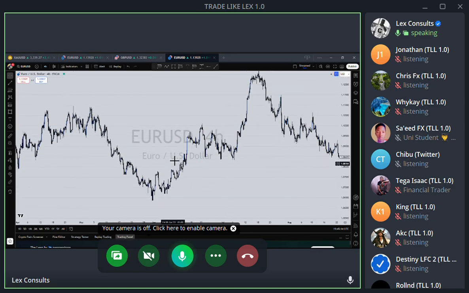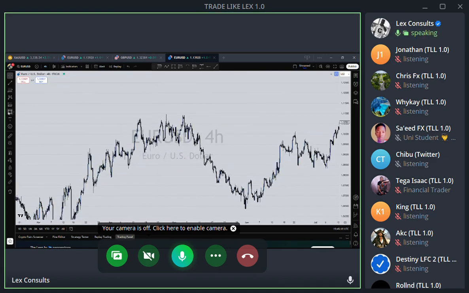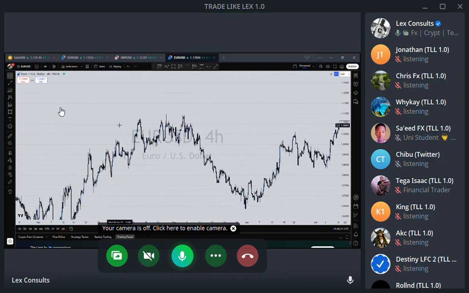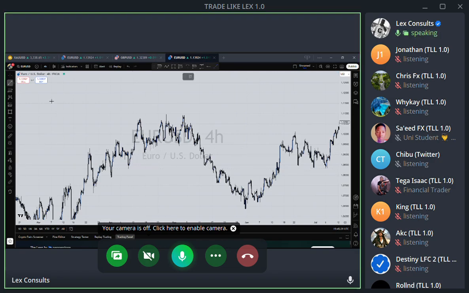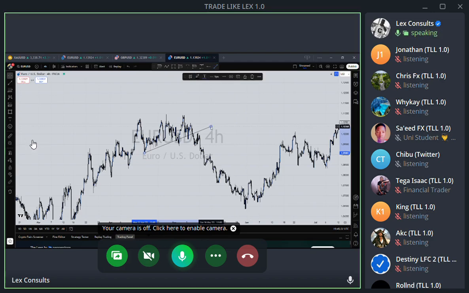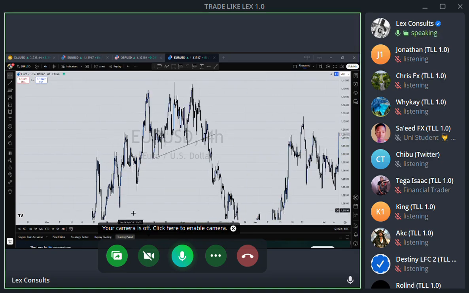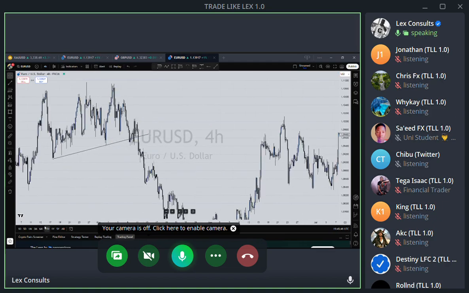This is like the descending triangle I was talking about. Okay, I think this is ascending triangle. Is it? Is the support ascending? Well, it was manipulated here. The support is still ascending easily here.